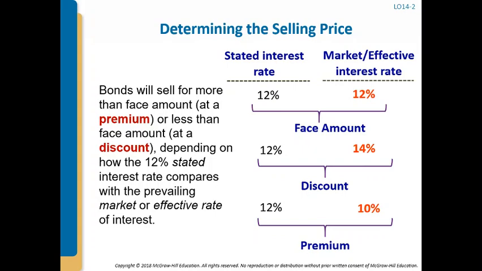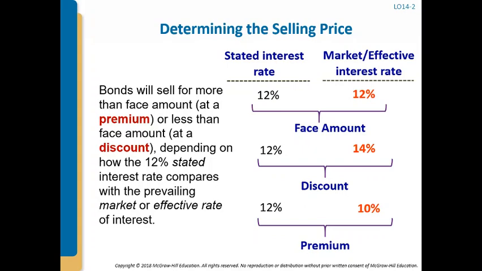But where the stated interest rate is less than the market rate, they have to do something to attract investors. That something is called discounting the bond. And so they would discount the bond to where the present value of the cash flows on the bond will equal a return of 14%, as in this example.